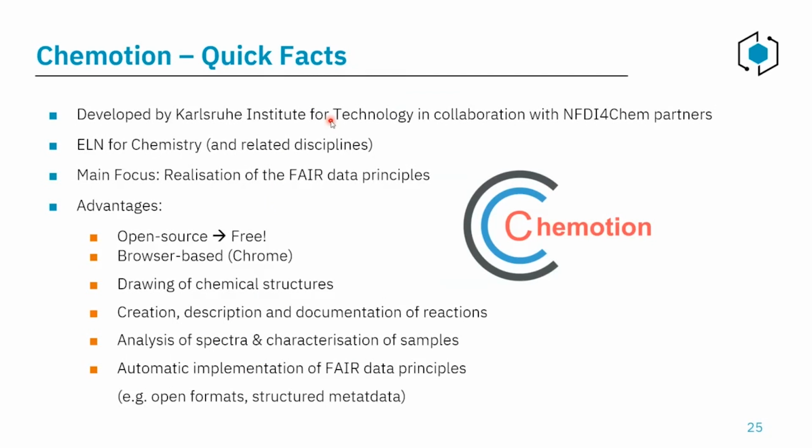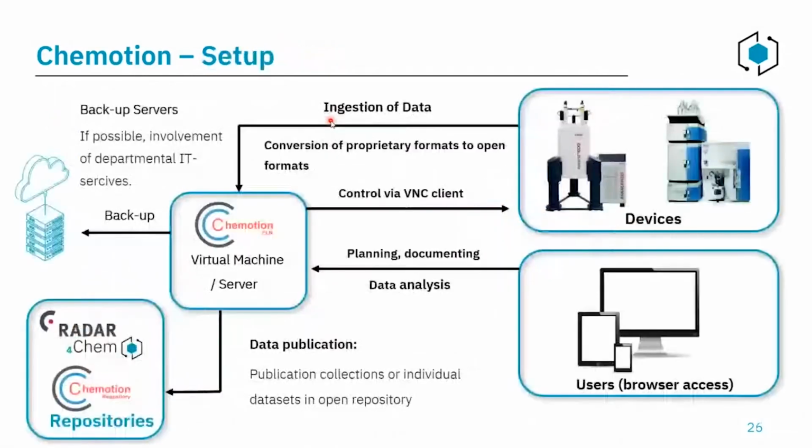And this is what makes it unique in the academic context, because FAIR data is something that is being pushed more and more in academia. It's open source and it's free, so you don't have to pay any money for it. It's browser-based, and you can do various things with it. And the key thing is that it takes care of a lot of the FAIRness of your data automatically, so you don't have to.